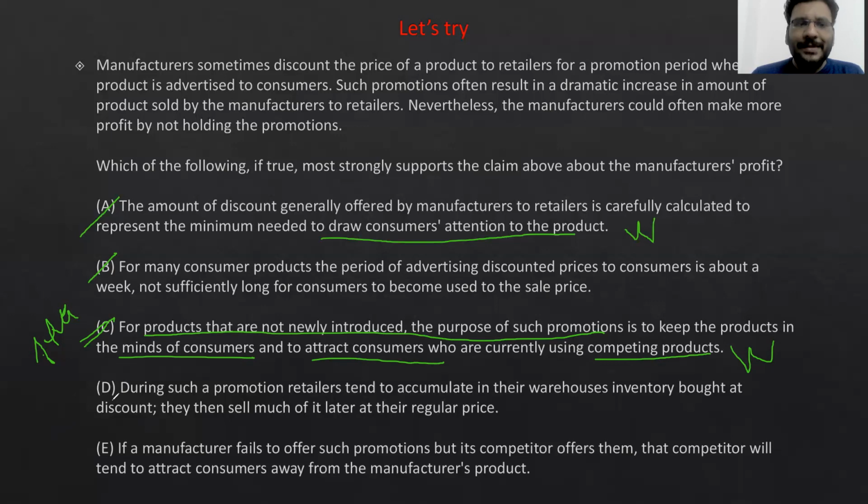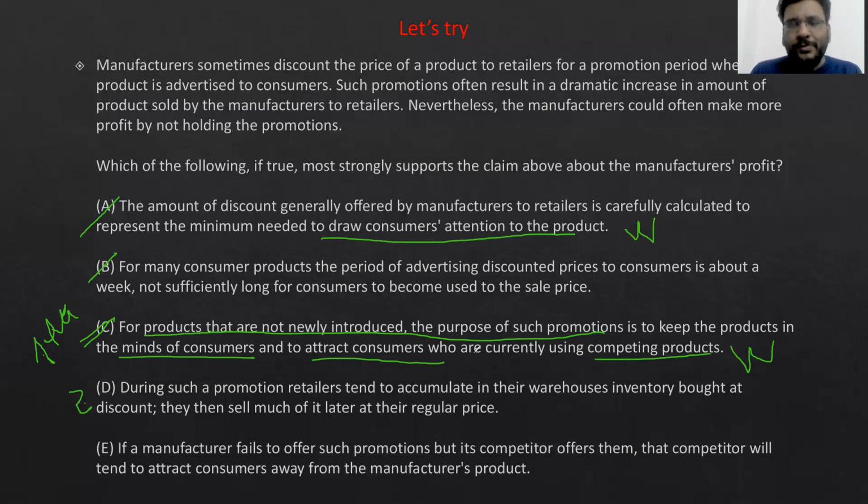D says during such a promotion, retailers tend to accumulate in their warehouses inventory bought at discount, they then sell much of it later at their regular price. Now, what does this option say? This option says that retailers accumulate products from manufacturers. So basically, retailers buy the product from manufacturers at a discounted rate, and then they sell it to the consumers at the normal price.